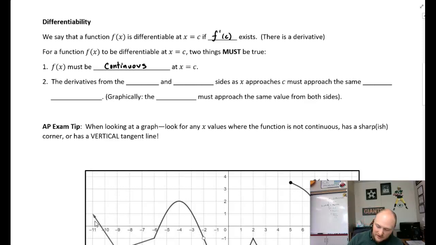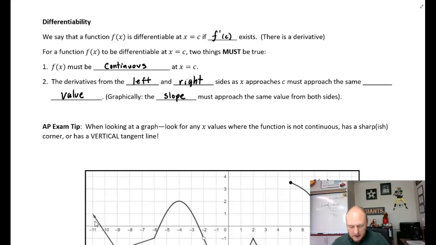Additionally, the derivatives from the left and the right as x approaches c must approach the same value. Okay, and graphically what's going on is that the slope must be the same value from both sides. And we'll go ahead and look at this here in a bit.